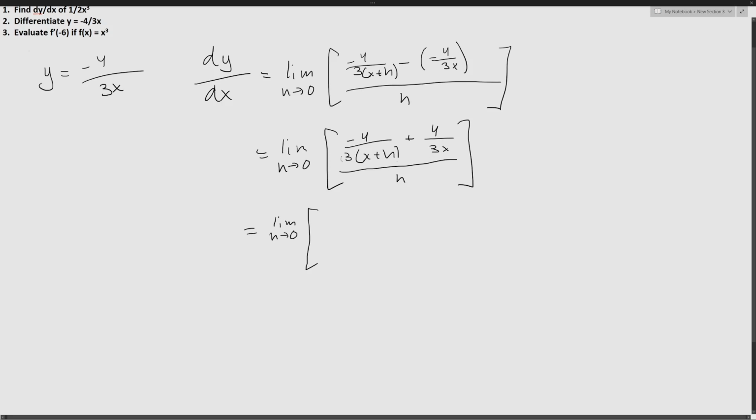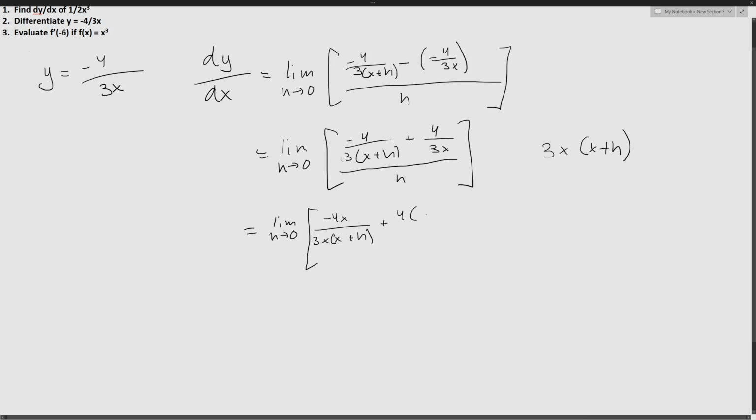As you can see, we have a 3 in both of them, so let's put a 3 here. Then we don't have anything else common, so it would be 3x and then x plus h. That would be our lowest common multiple. So now at the top, we're missing an x, right? Because the other terms have been met. So we'll get negative 4x, and then over here, we're missing x plus h.